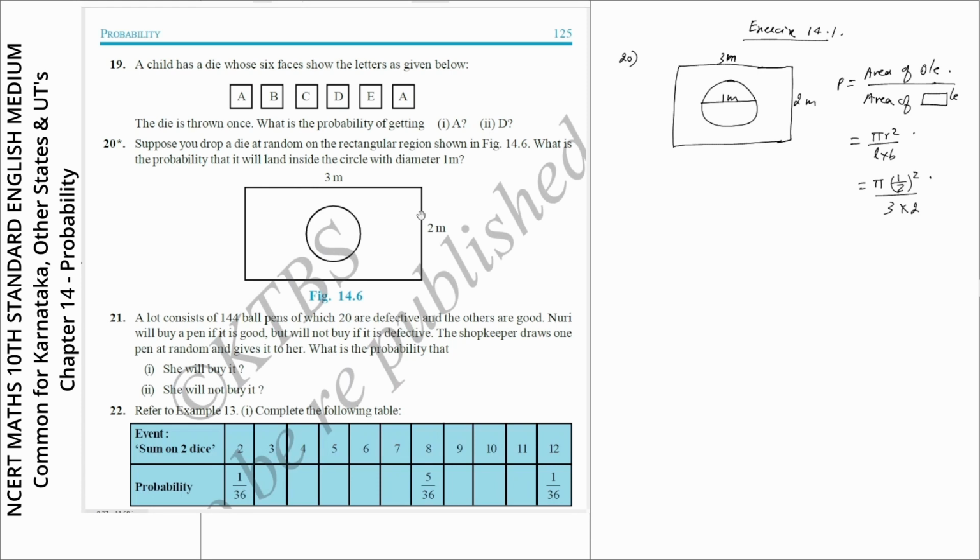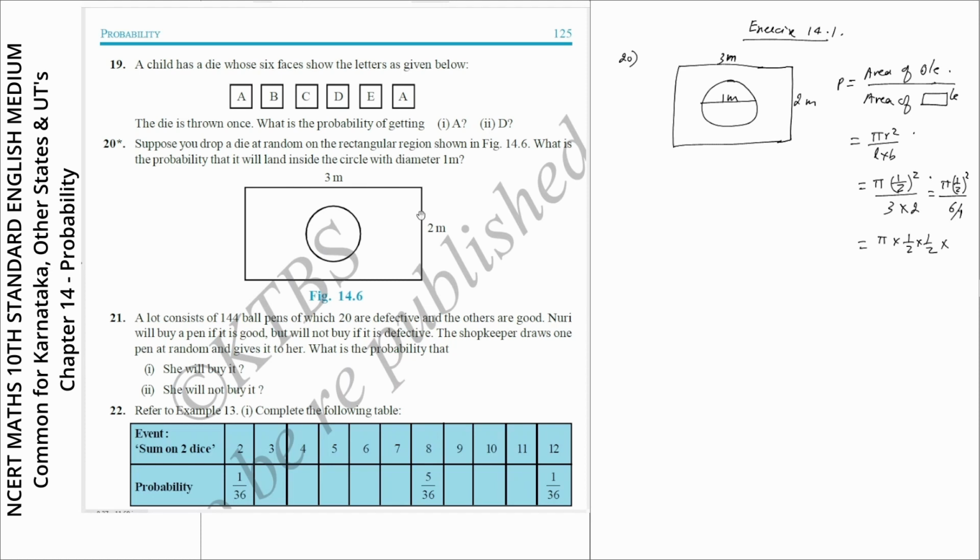Okay, so this is equal to pi into 1 by 2 into 1 by 2, and 3 into 2. So 3 into 2 I can write as 6, so pi into 1 by 2 the whole square by 6, which is 6 by 1.